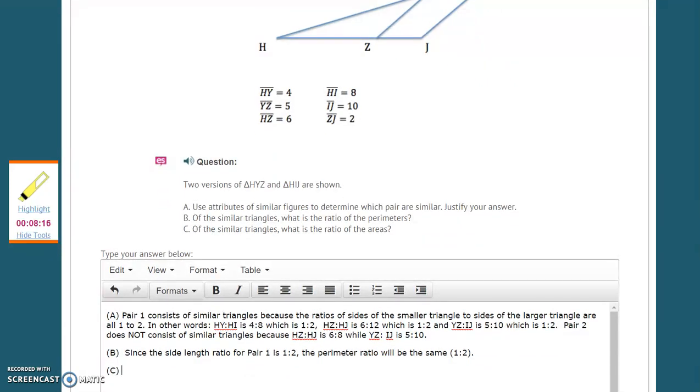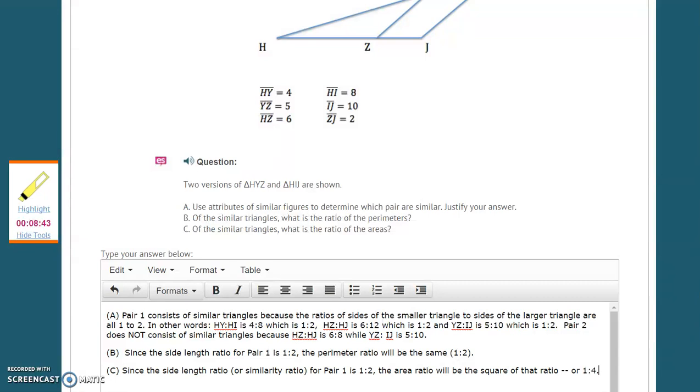Now, that's as opposed to, since the side length ratio, or similarity ratio, you could say, for pair 1 is 1 to 2, the area ratio will be the square of that. In other words, 1 to 4.